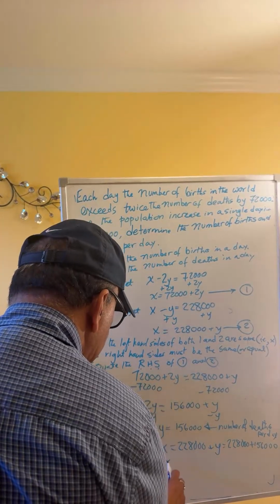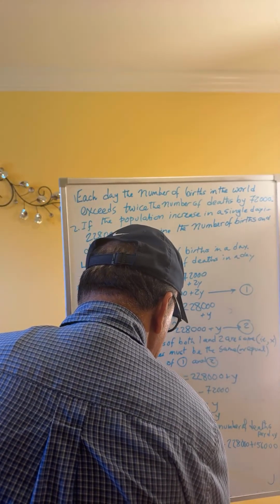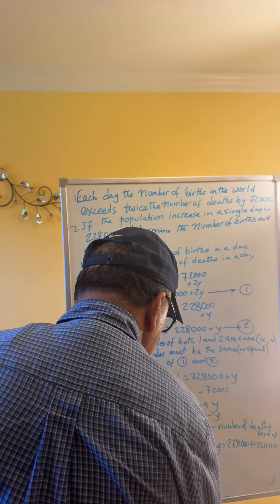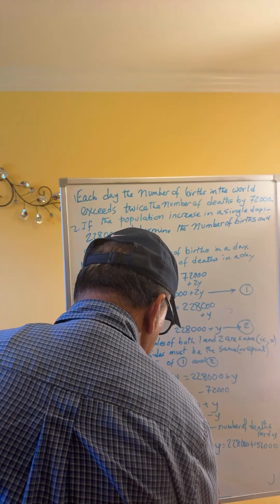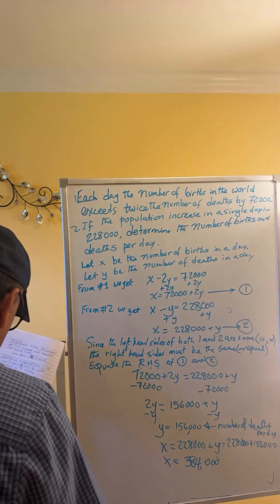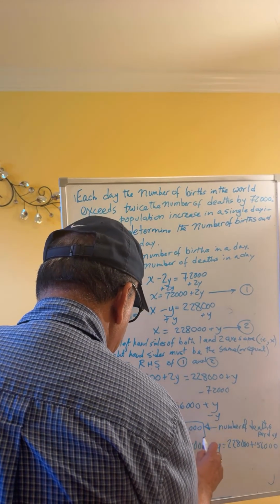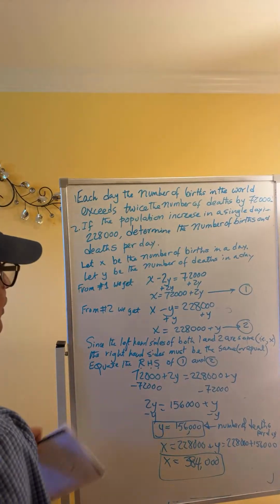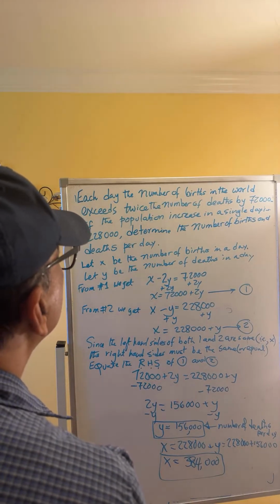So x is equal to, then, 228 plus 156: 8 plus 6 is 14, 2 plus 5 is 7, plus 1 is 8, and 2 plus 1 is 3, so 384,000. So 156,000 is the number of deaths per day, and the number of births per day is 384,000. Does it make sense?